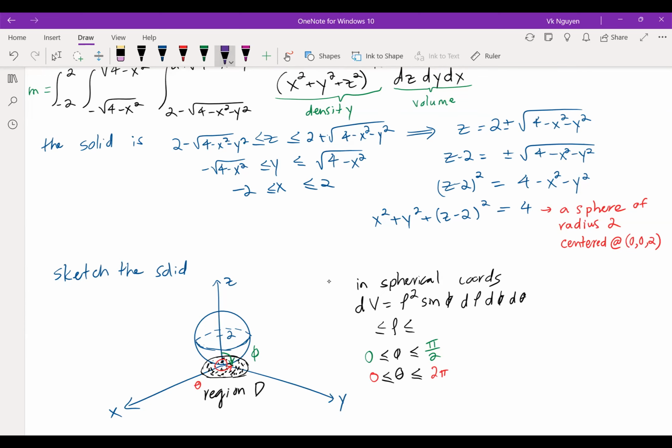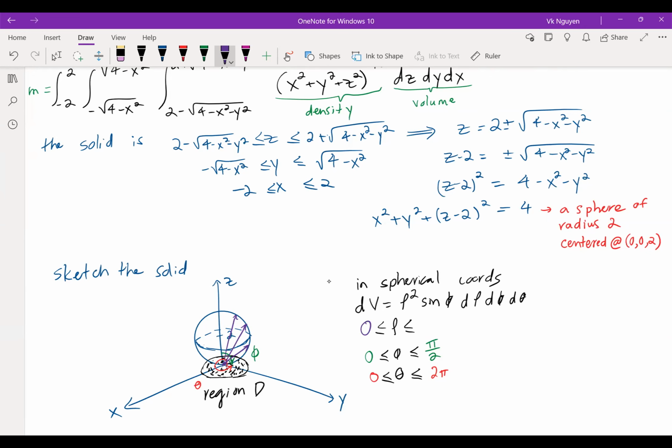Next one is the radius. So rho goes from the origin up to the sphere. You see, rho here is different every time I sketch the arrow. So we have to figure out how to describe the sphere in terms of rho. It goes from 0 to whatever that is.